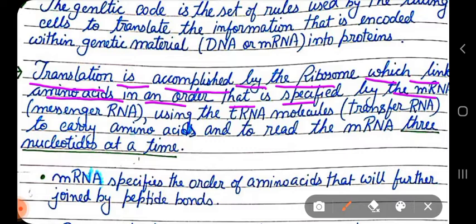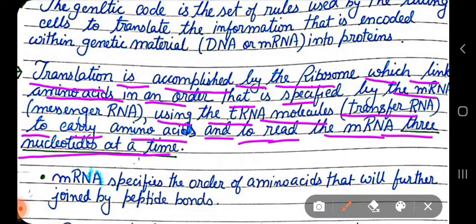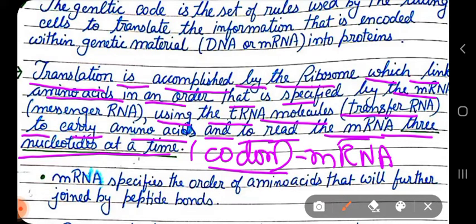That order of amino acids is related to the mRNA sequence, and they use tRNA molecules, also called transfer RNA. This tRNA is carrying that specific amino acid, and they read the mRNA 3 nucleotides at a time. That means they are reading the codon sequence found within the mRNA, and the ribosome is then recruiting the particular tRNA carrying the specific amino acid for that particular codon.